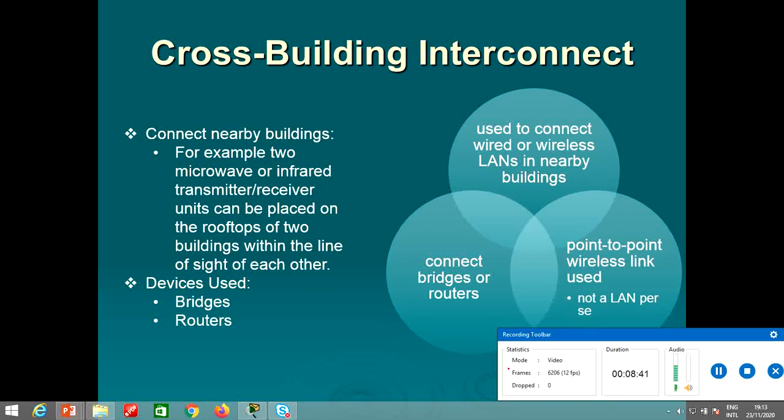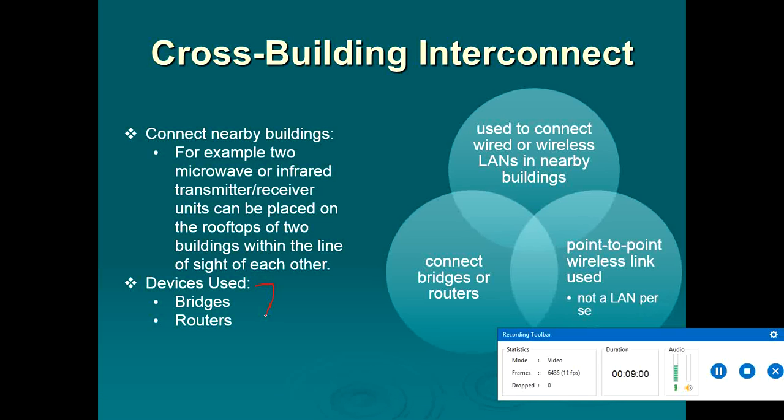This single point-to-point link is not a LAN, but it is usual to include this type of application under wireless LANs. And this is an example: two microwave or infrared transmitters placed on the rooftops, in sight of each other. The devices used for this are bridges and routers.